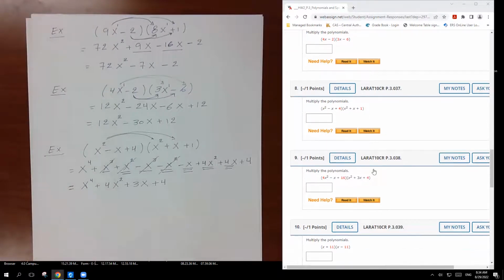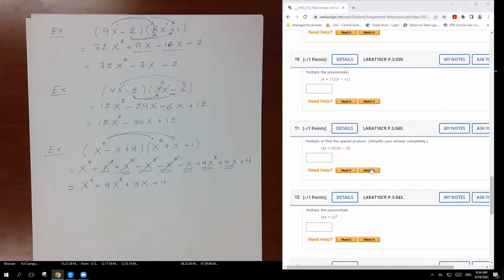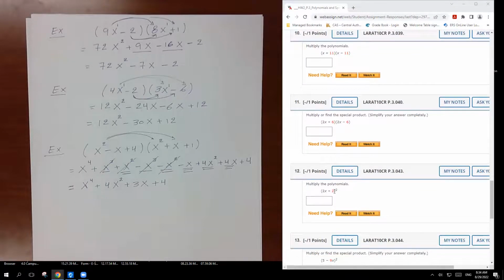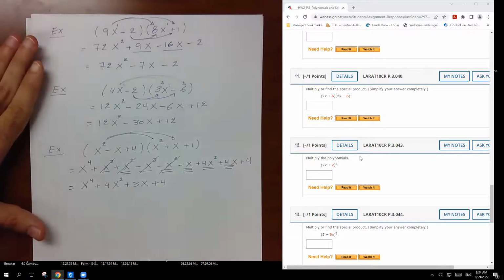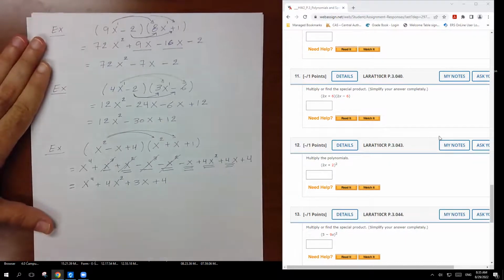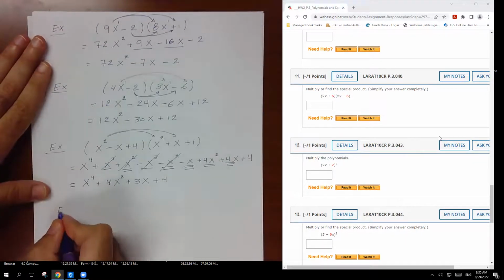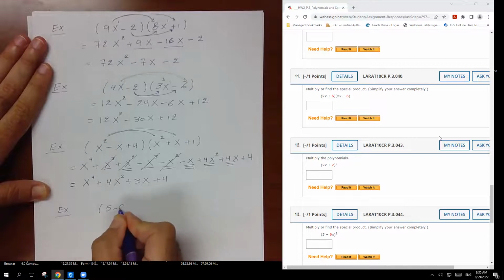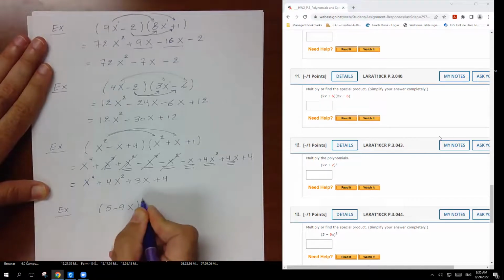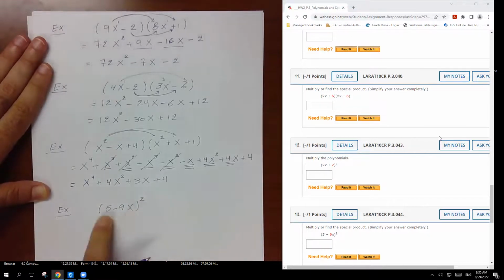One more thing, which is also an important part. If you have an example like this one, let's do this one. You're going to do exactly the same thing. So if you have 5 minus 9x squared, check the squared on all the parentheses.